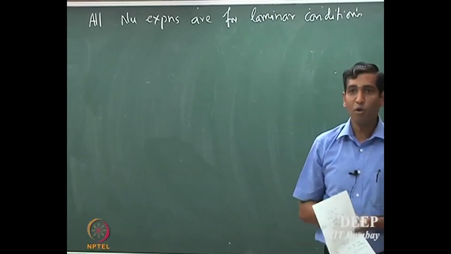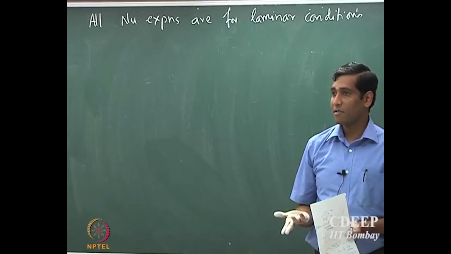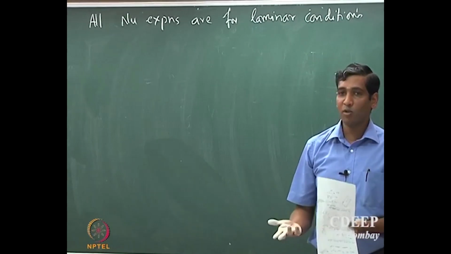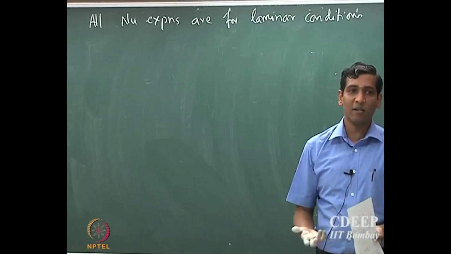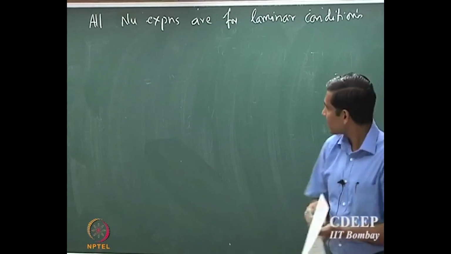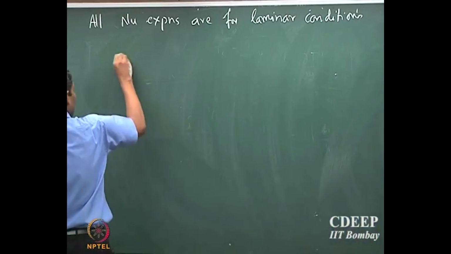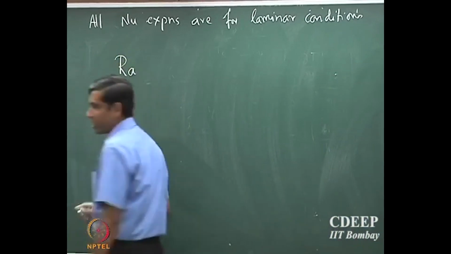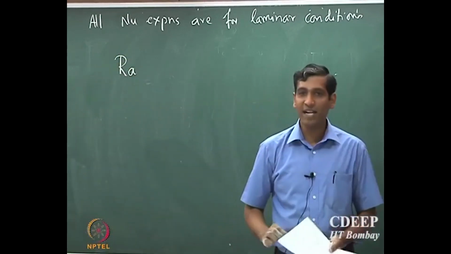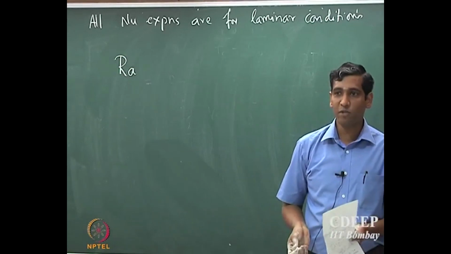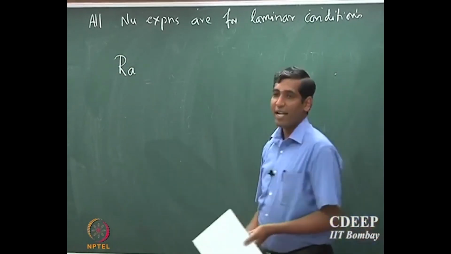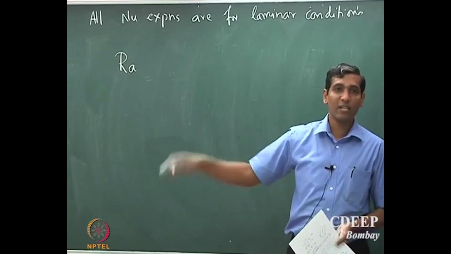Remember that there is no reference velocity. So the question comes in as to how do I define what is laminar and what is turbulent. A new dimensionless quantity called the Rayleigh number is used for distinguishing the laminar and turbulent conditions for these kinds of problems.